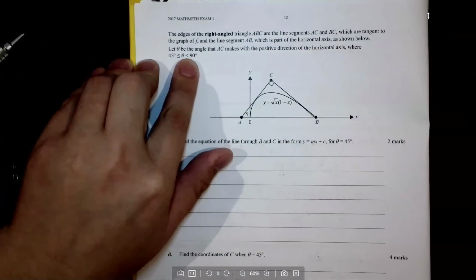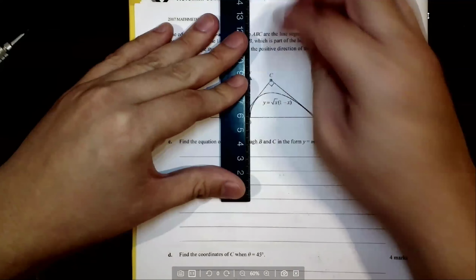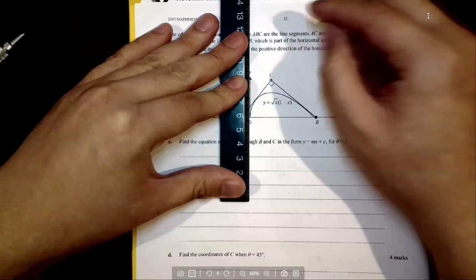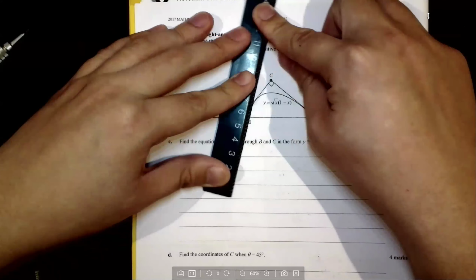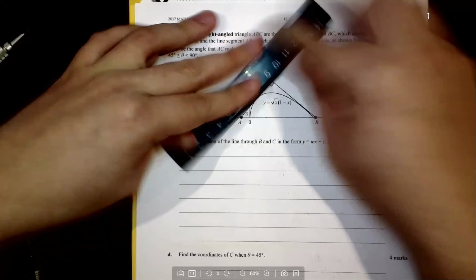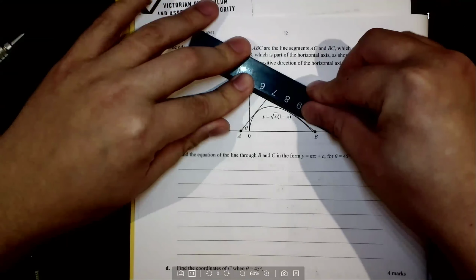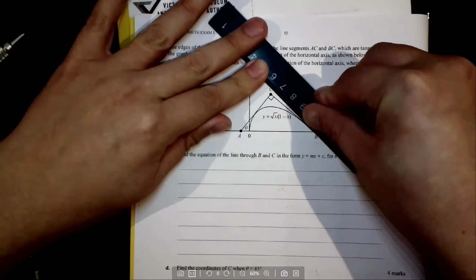So basically, if theta is 90 degrees, it's like a vertical tangent. We don't want that. So we want this ruler to move along the curve like this, not a tangent like this.